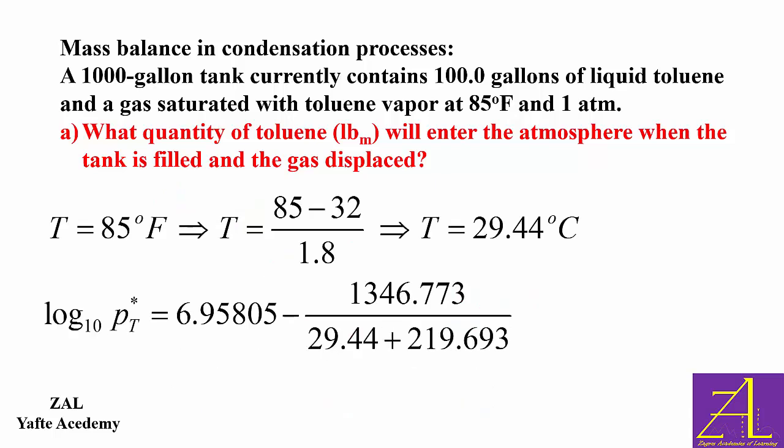So we convert the temperature to degrees Celsius for the Antoine equation and we plug in all the numbers to get the vapor pressure, and the vapor pressure of toluene at 85 degrees would be 36 millimeters of mercury.